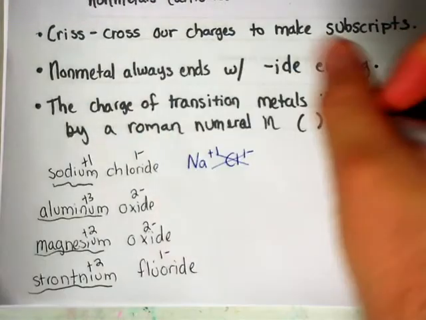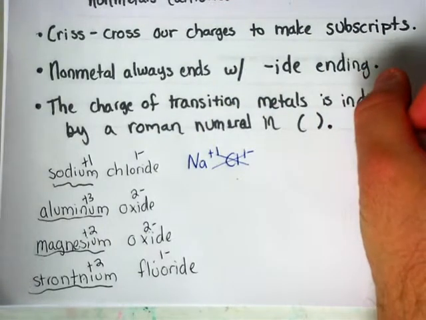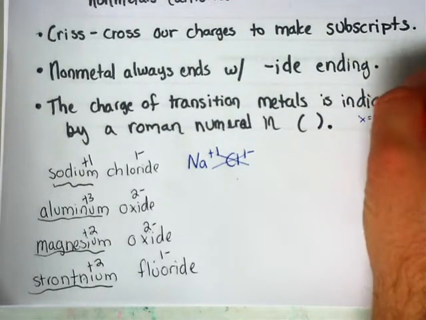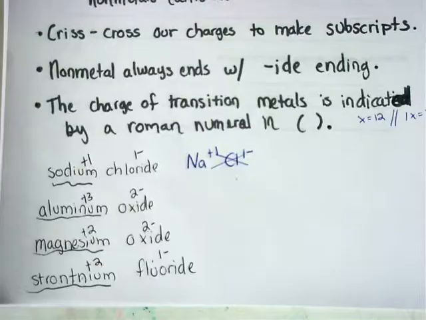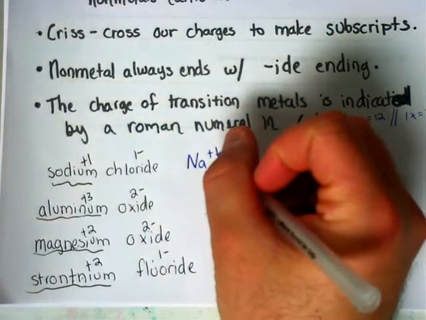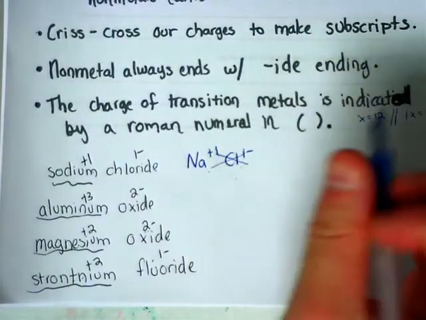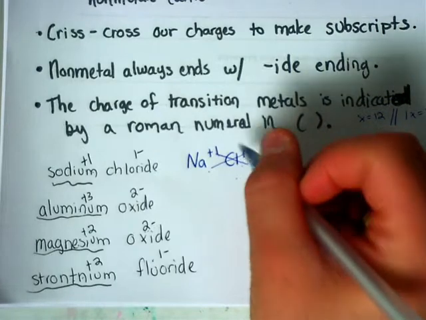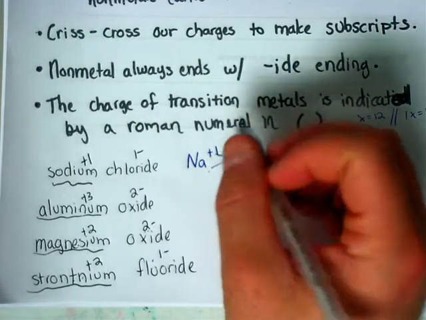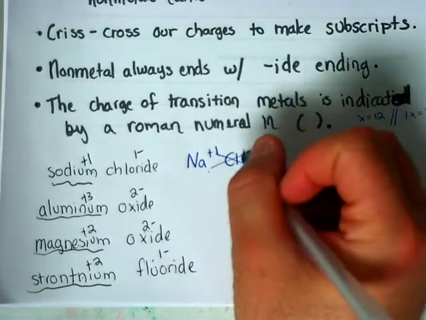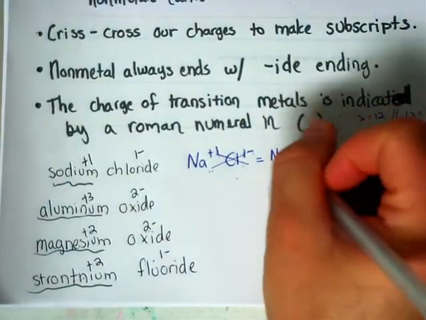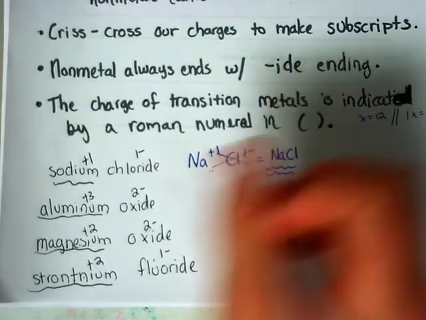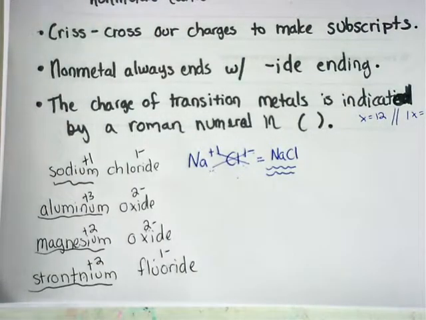Now in math, when you solve the question and you get to the very end, do you ever write the answer 1x is equal to 12? Or do you write x equals 12? You never write the 1 because it's understood, right? We're not going to write these 1s because they're understood. Notice we're not bringing down the positive and negative sign, we're just bringing down the number. There would be 1 after the Cl and 1 after the Na. Since they're both 1, we could ignore them, so it's NaCl. Good?